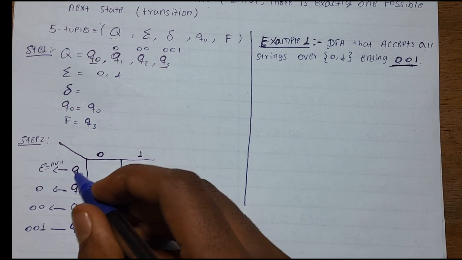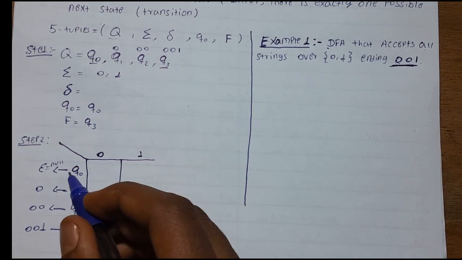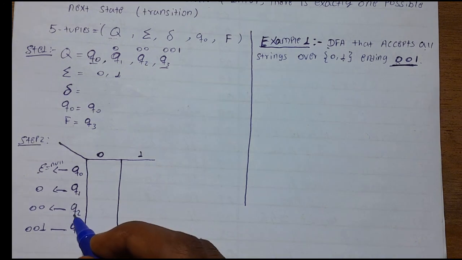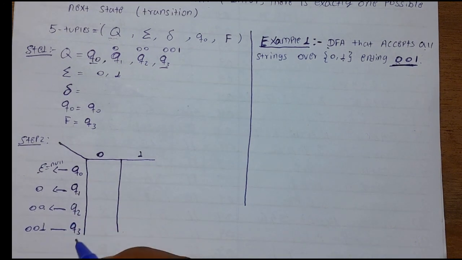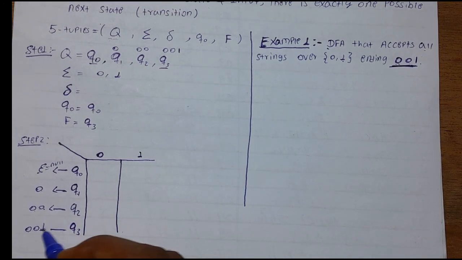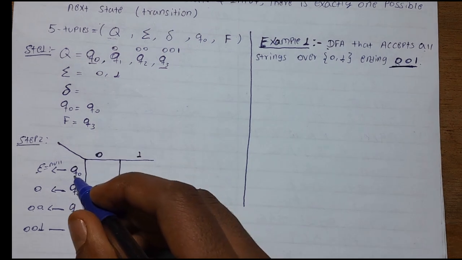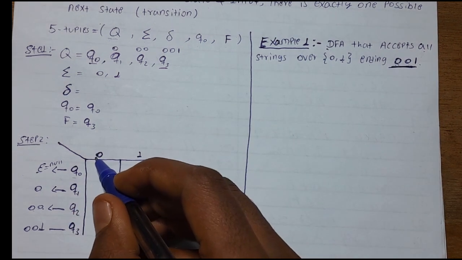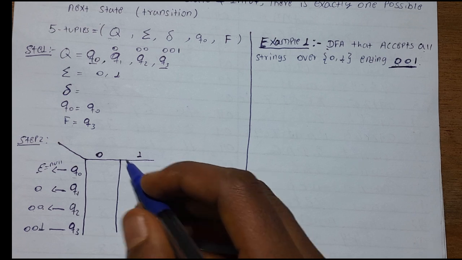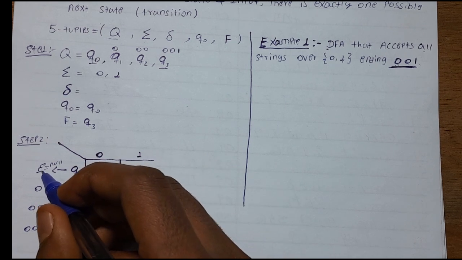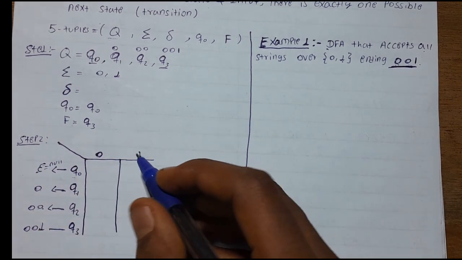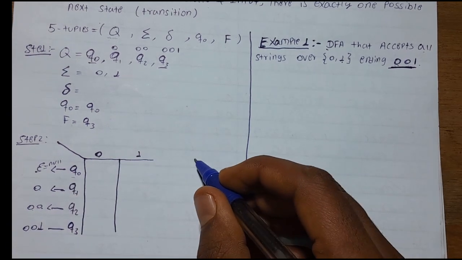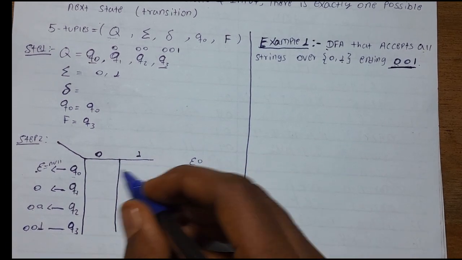Q3. The first, Q0, we say it's null. The Q1 ending in 0, Q2 ending in 00, and Q3 ending in 001. So to determine where Q0 goes when getting the input 0 and getting the input 1, we will concatenate it with epsilon, and we will figure it out. So epsilon 0 and epsilon 1.